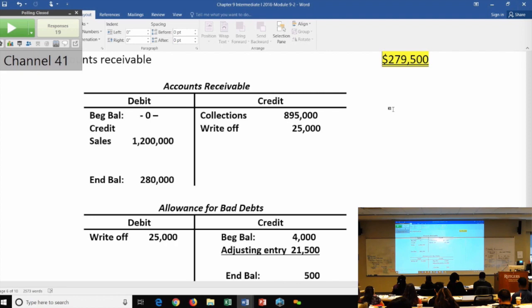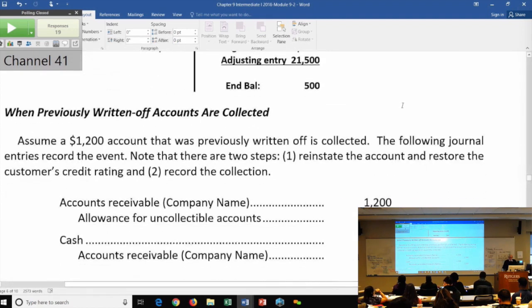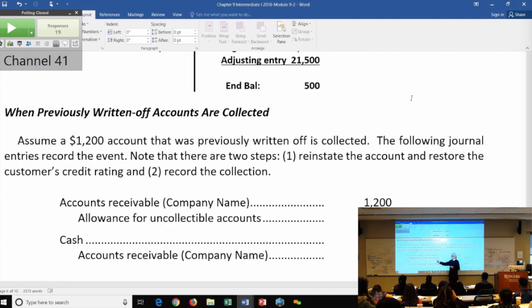Just one more point, and that is, what about a recovery? What if there's a recovery under the allowance method? I'm going to tell you that under IFRS, recoveries go back into income, but under US GAAP, recoveries require 2 steps. The first step is that you would reinstate the account, and you would restore the credit rating of that customer.